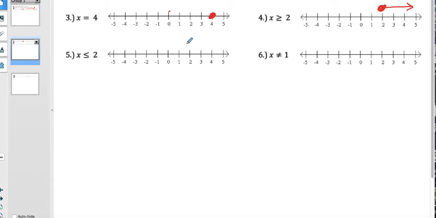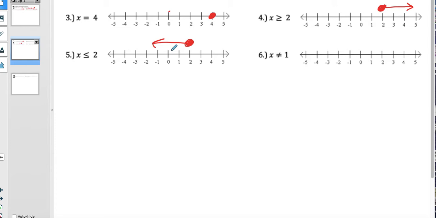So again, it was a closed circle at 2, and I want values smaller. So something else is that the position, if your variable is first, the way this arrow is facing is the way that your line then would face.